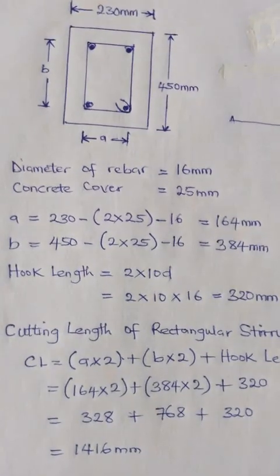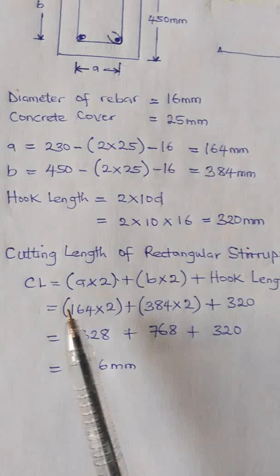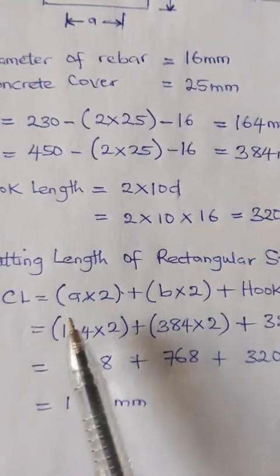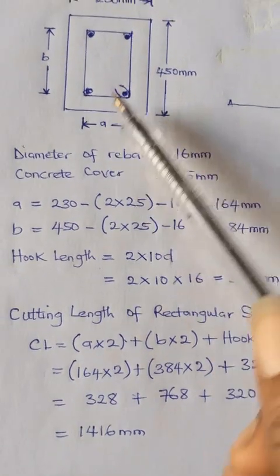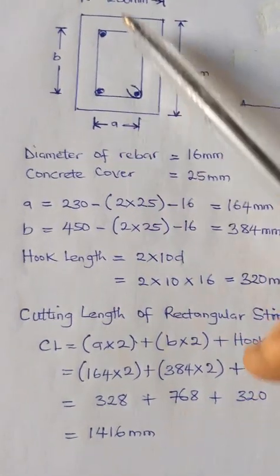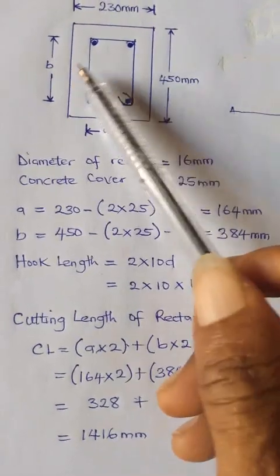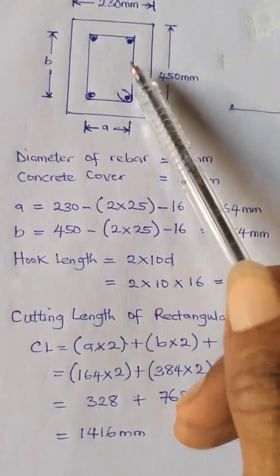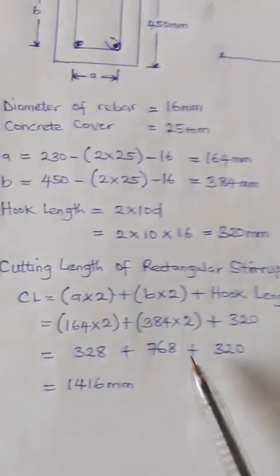Then you have your cutting length of the rectangular stirrup. The cutting length here is A times 2, since it's 2 in 2 directions, same thing as B times 2, which is this by this, that is 2 of this, plus the hook length.